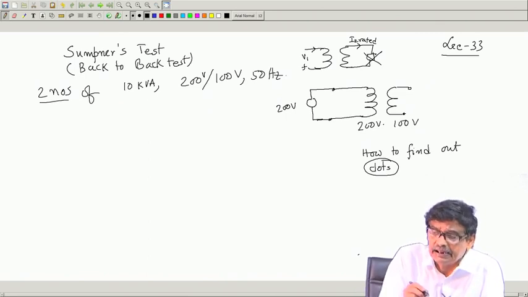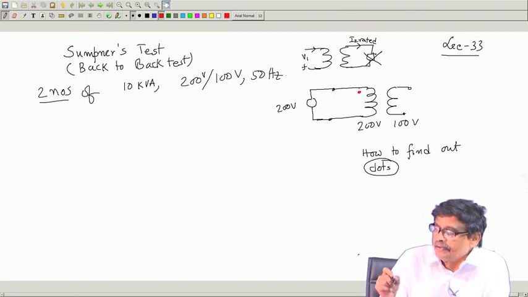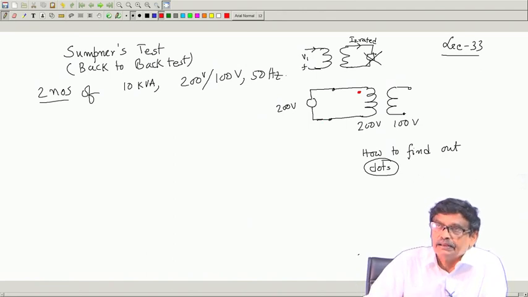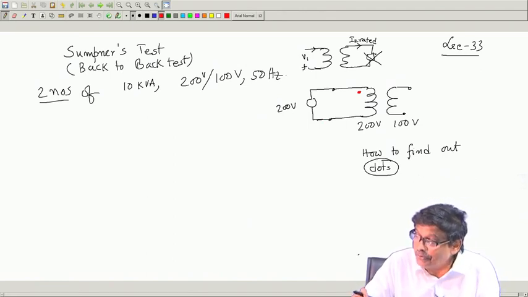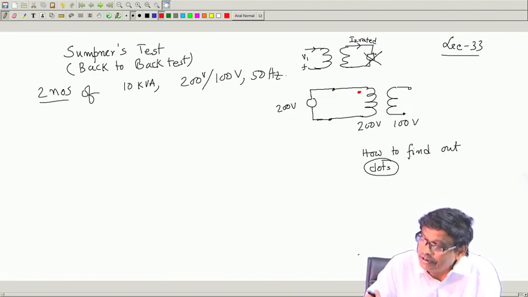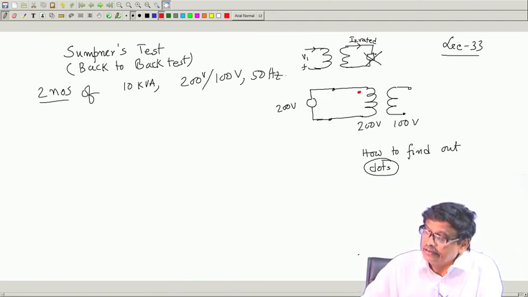For example, on this side you take a chalk and mark, okay, this is my dot terminal of this winding. But what you cannot do now is: if this is positive at any one time, which terminal is positive on the other side? That is the goal.